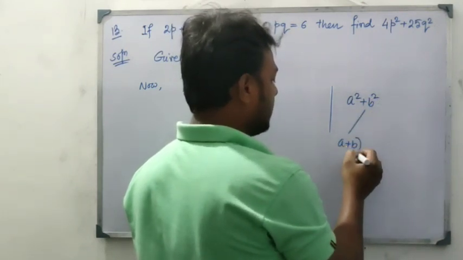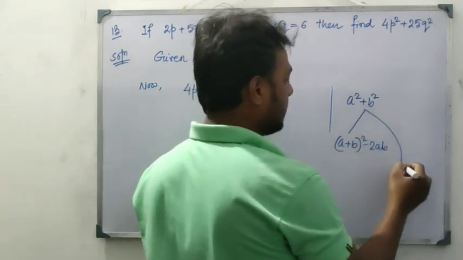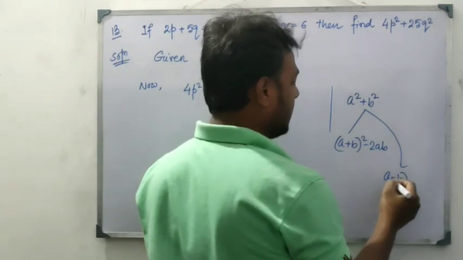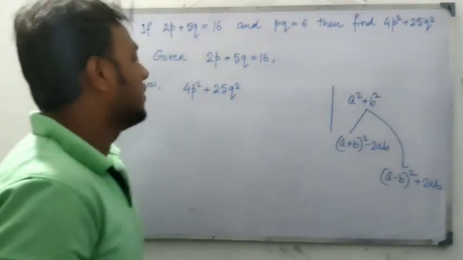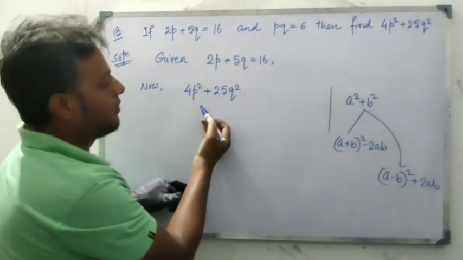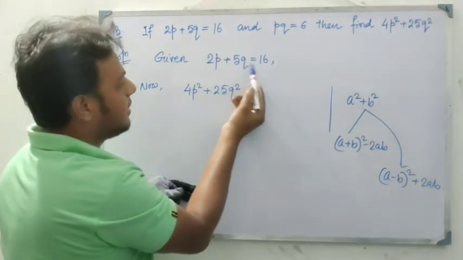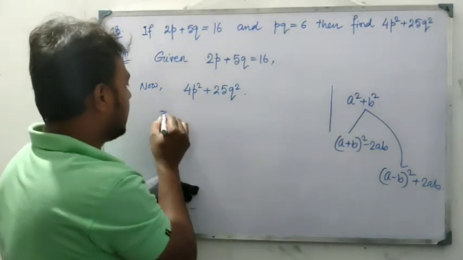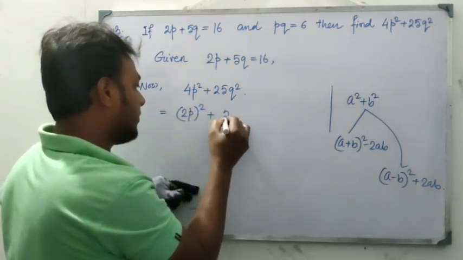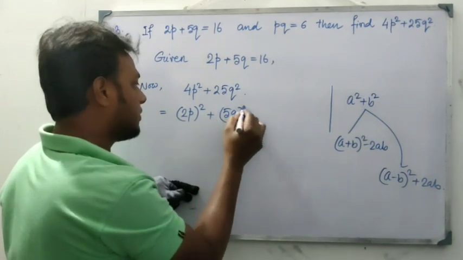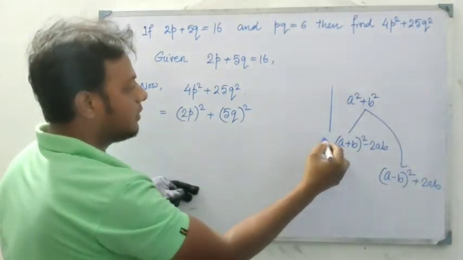One is a plus b whole square minus 2ab, and another one is a minus b whole square plus 2ab. From this you can go along this or along this one. Since a plus b is given, we can write this line. This can be written as 2p whole square plus 5q whole square. So a square plus b square. Since a plus b is given, we will use this one.